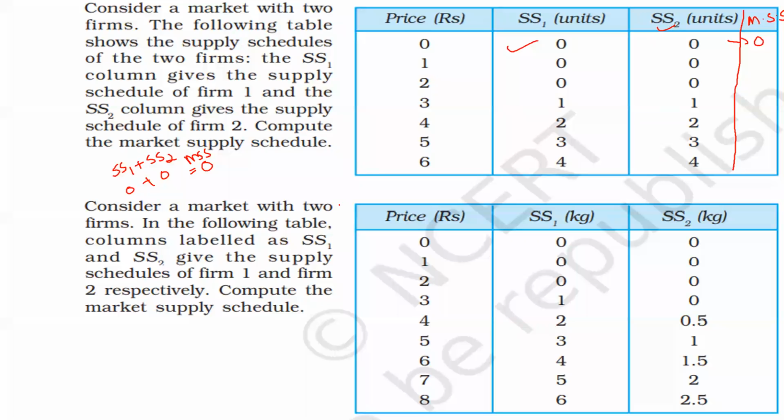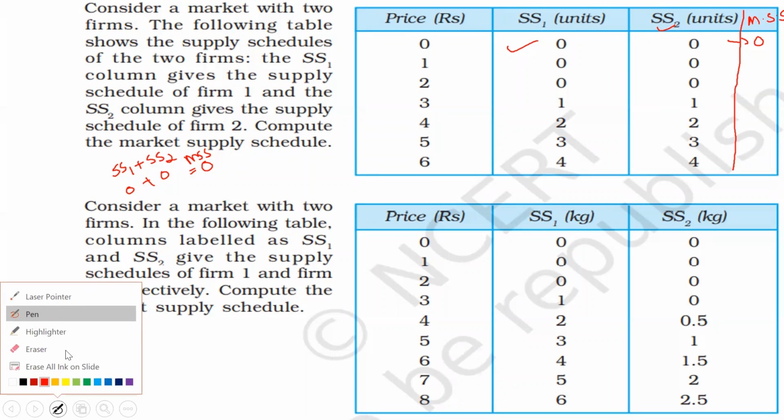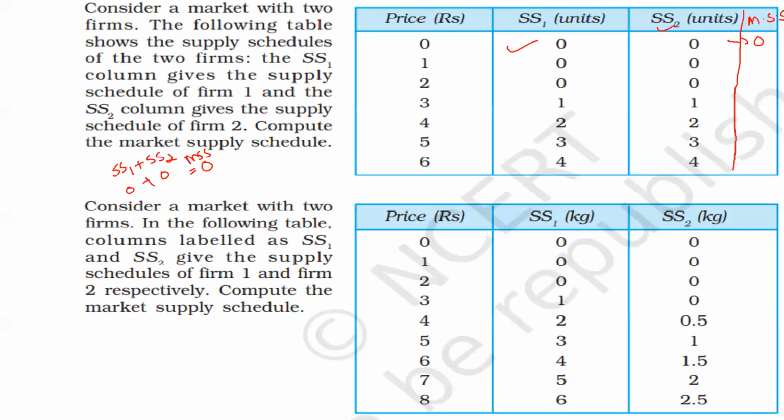Okay. So then let us move to the next. Here is the homework question for you and you have to solve these questions. Here we will end the 4th chapter.